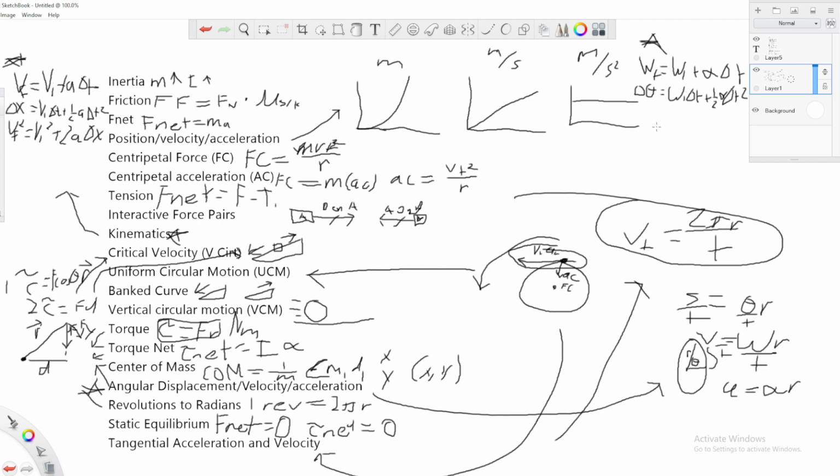And your last one is just going to be your angular velocity squared is equal to your angular velocity initial squared plus 2 angular acceleration times your angular displacement.